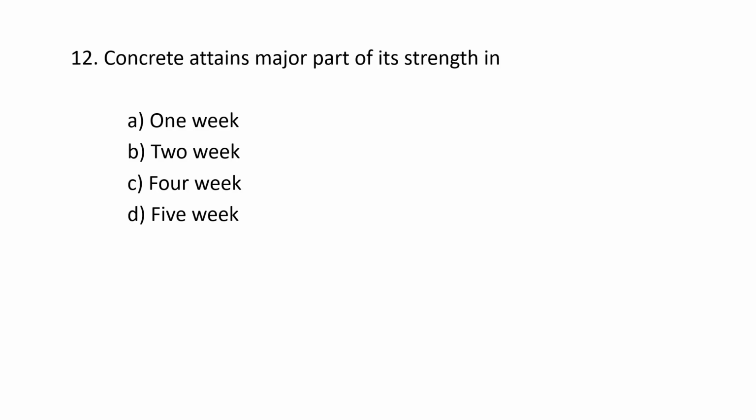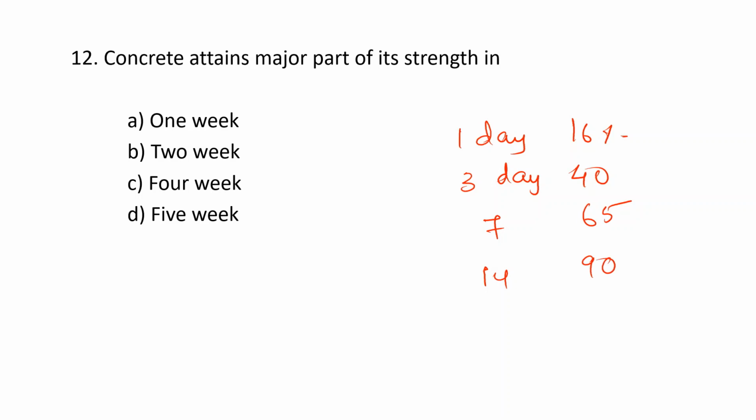The next question: concrete attains major part of its strength in. You have to remember that table which we already mentioned between age and strength. In 1 day it is 16%, in 3 days it is 40, in 7 days it is 65, in 14 it is 90, and in 28 it is 99.